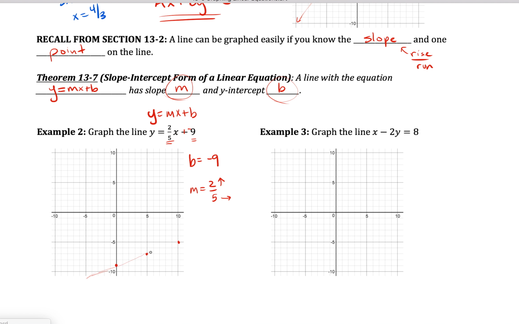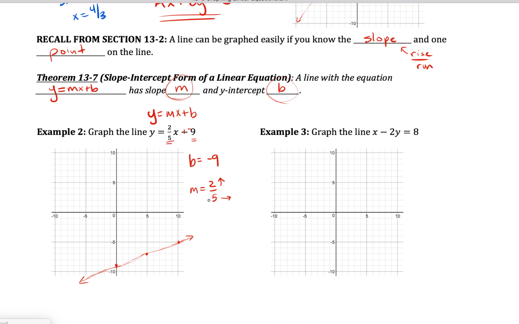So I'm going to connect those with as straight a line as I can draw, and there I have it. There's my line. See how easy that was? I just started at the value of b on the y-axis, so I went down to negative 9. I used my slope as rise over run to find a couple more points, connected them, there's my line.